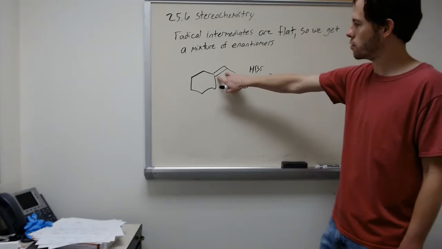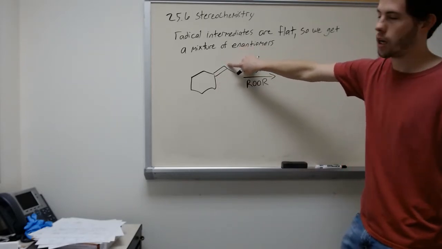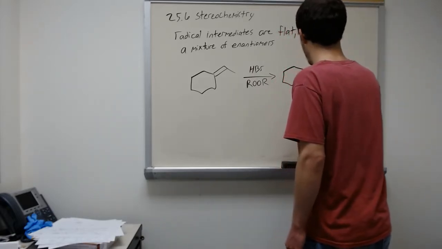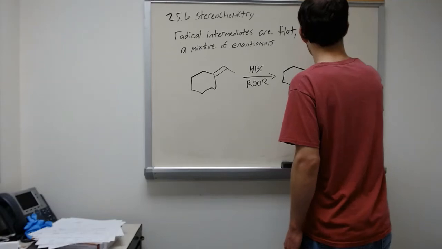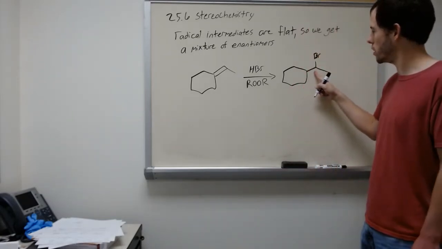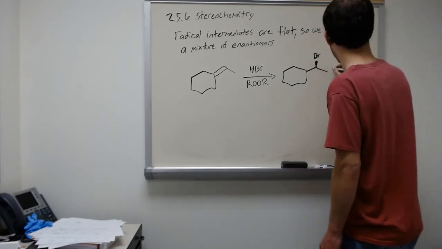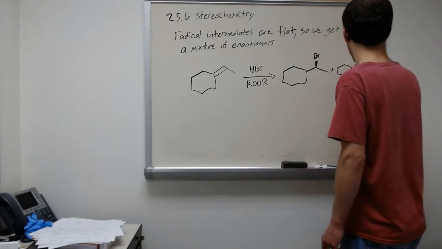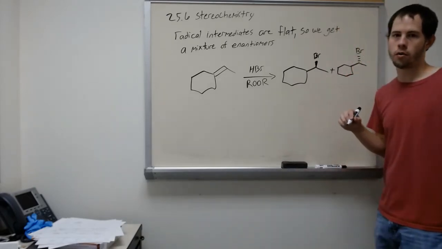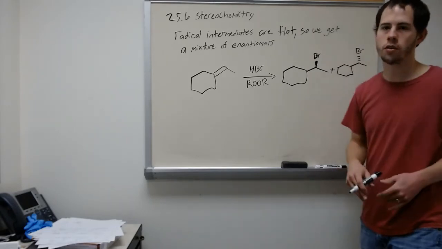The less substituted carbon is going to be this carbon here, and so we're going to have our bromine add to that carbon. This carbon does have 4 different things attached, and so it is a stereocenter, so we'll get a mixture of the bromine coming towards us and the bromine going away from us. So once again, we get a racemic mixture of our two enantiomers.